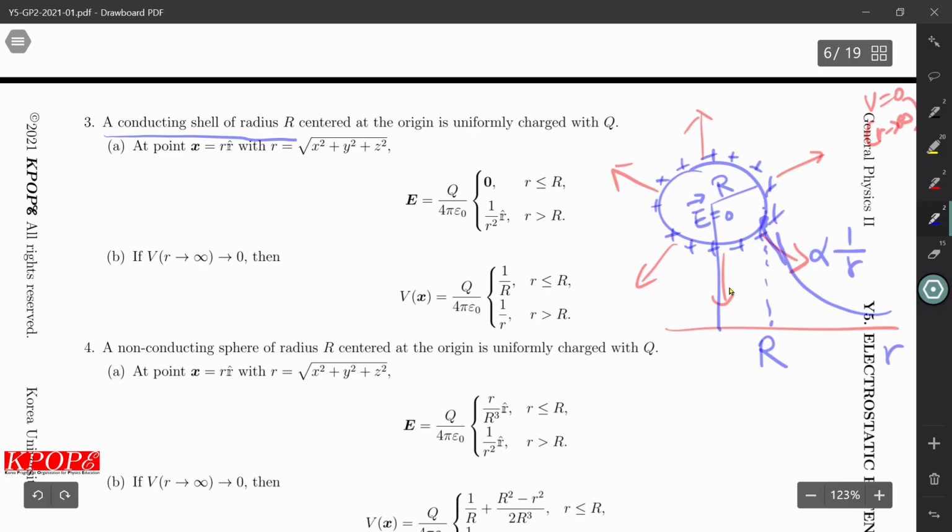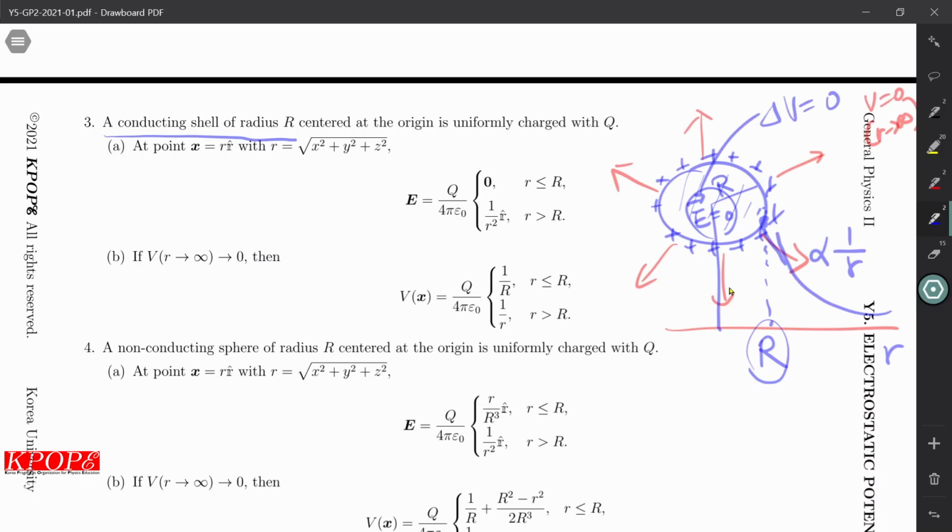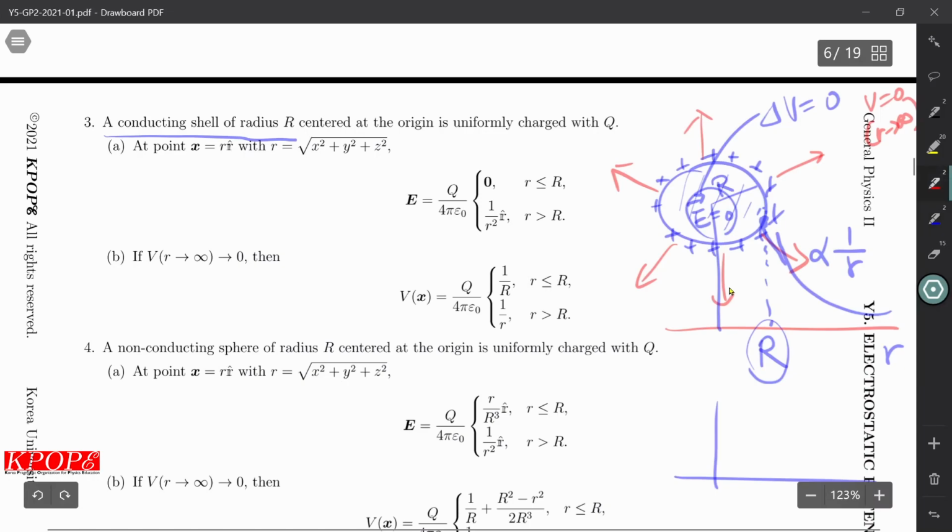as soon as you reach the radius capital R of the shell, there's no electric field to integrate. So inside, the electric field is 0, so delta V equals 0. Everywhere is at the same potential, an equipotential.